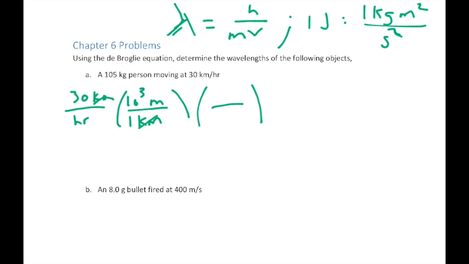And then there are 60 minutes in 1 hour. Our units cancel. There are 60 seconds in 1 minute. Our units cancel. So now we are in meters per second. So plug it into the calculator.